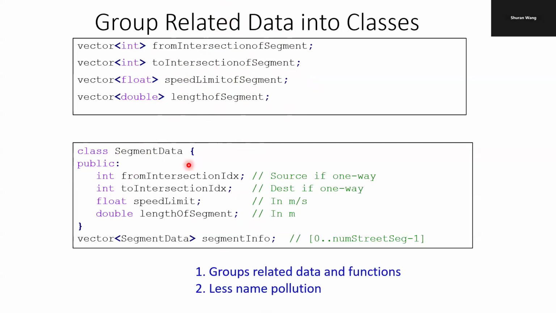But if you group them together, you only need to define segment info as global, and you can access 4 fields and whatever number of fields inside the class. And these names can be reused because they are fields inside the class.